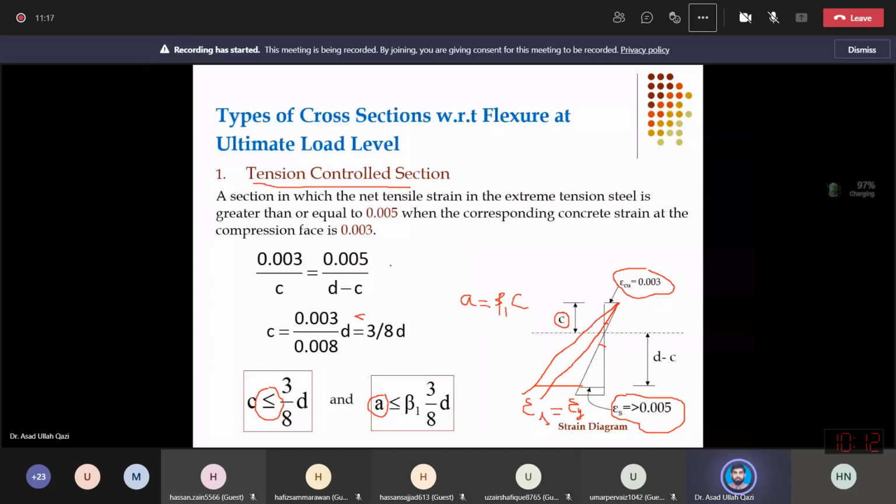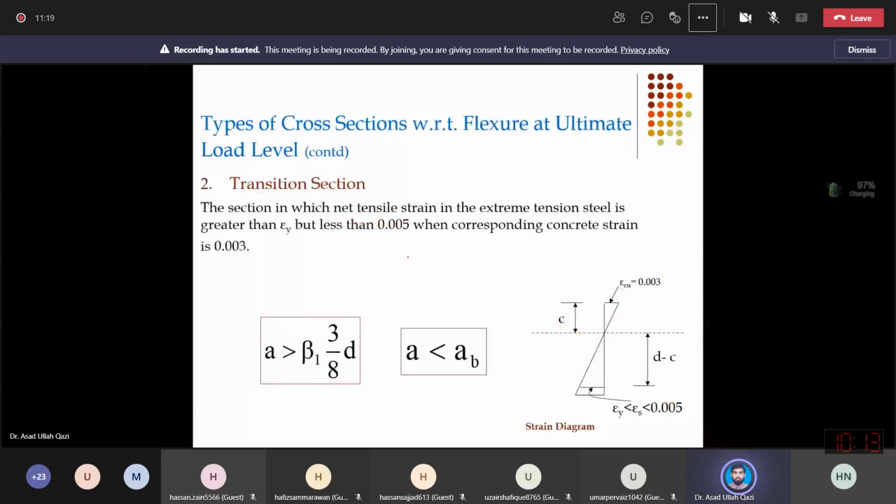Now, in addition to this classification, there is one more domain which is very much important, and in classification of cross sections we may get a situation that cross section is above yield strain but it is below 0.005 in steel corresponding to crushing in concrete.